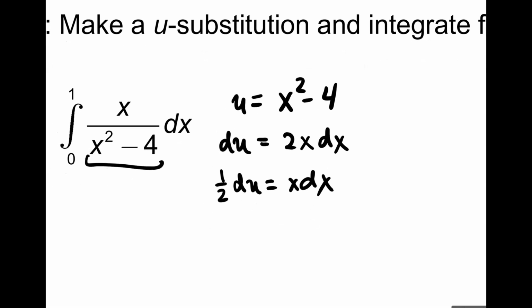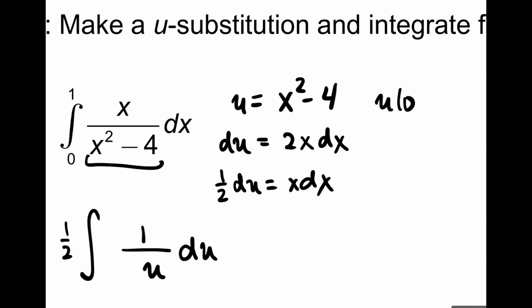So I can write the 1/2 out front, have my integral, and this is 1 over u du. Now I have to figure out the bounds. You plug your bounds into u.